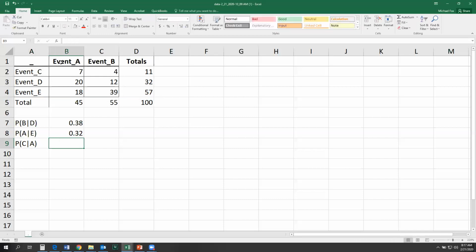The given is A, so we're only interested in this group of events. And the probability of C given A would come right here. So I would say this equals probability of C divided by the total probability of A. It would be 15%.